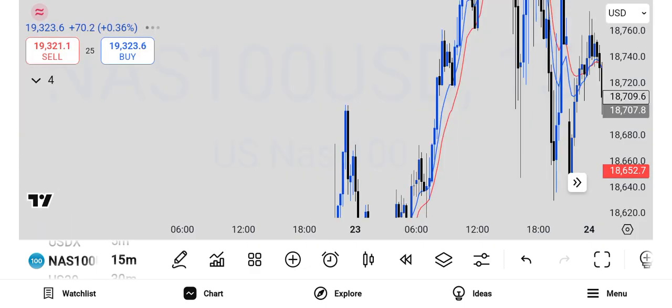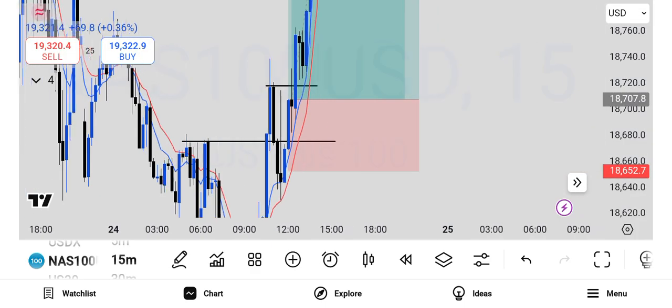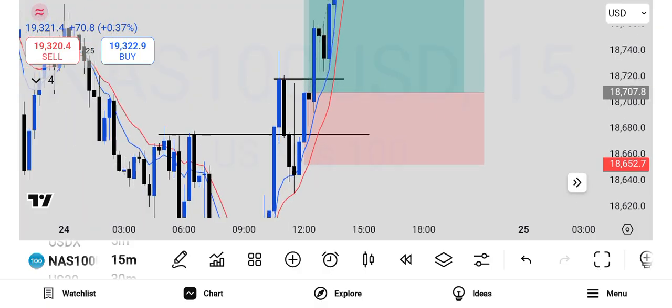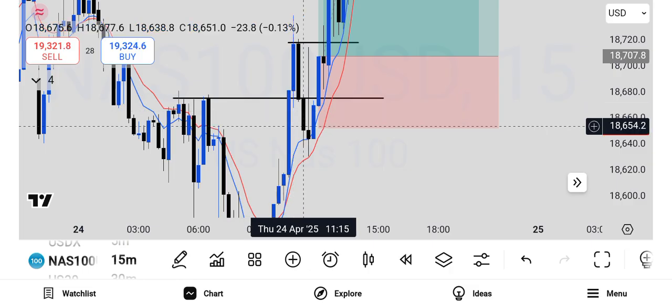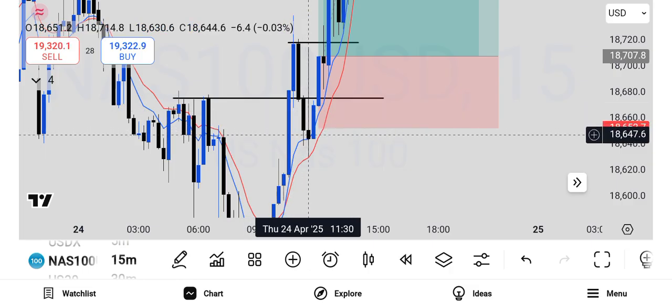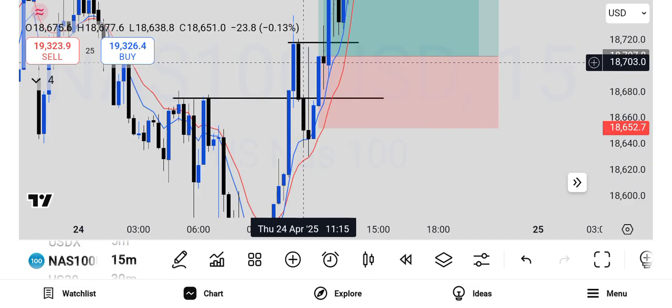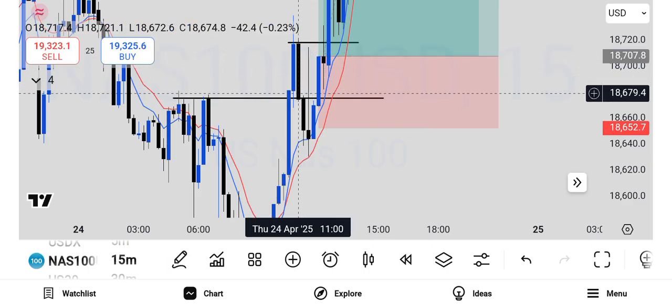In all honesty, guys, this happened during New York session yesterday. I was a little bit skeptical about taking my buys because price created this sort of rejection, this sort of like shooting star candlestick.